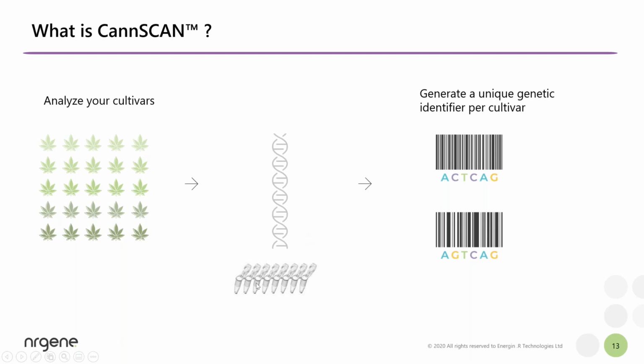We extract the DNA and do our analysis on the genotyping panel. I'll go into the details of that soon. And we generate a unique genetic identifier per cultivar. Illustrated here is the barcode. It really is just like that. There's a pattern of 200 data points that are unique to each cultivar.